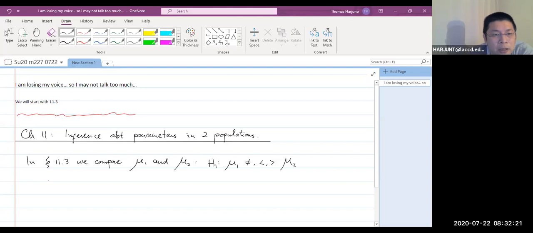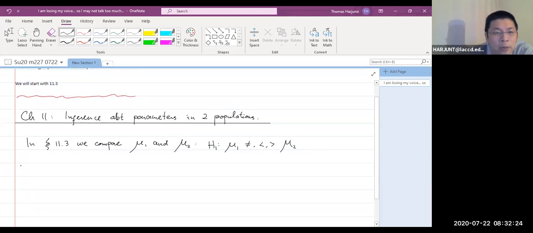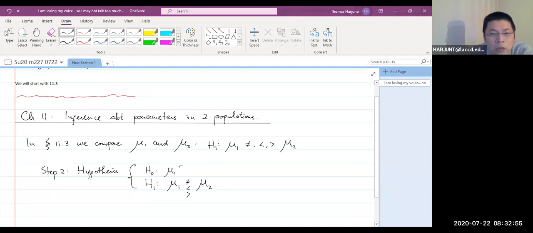To say that more explicitly, in our step 2 later on, when we set up the hypotheses, our alternate hypothesis will be mu1 compared to mu2. The inequality will be not equal to, less than, or greater than, and therefore the null hypothesis will be mu1 equals, greater than or equal to, less than or equal to mu2, respectively.